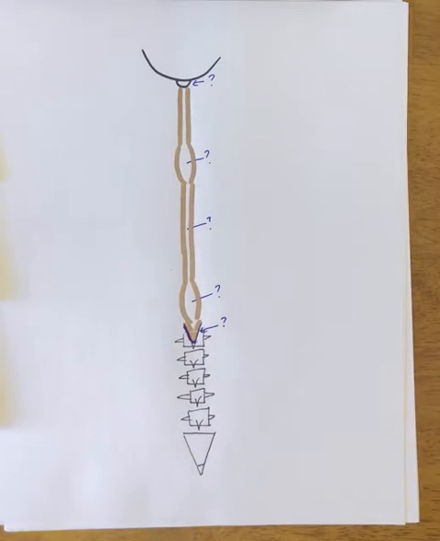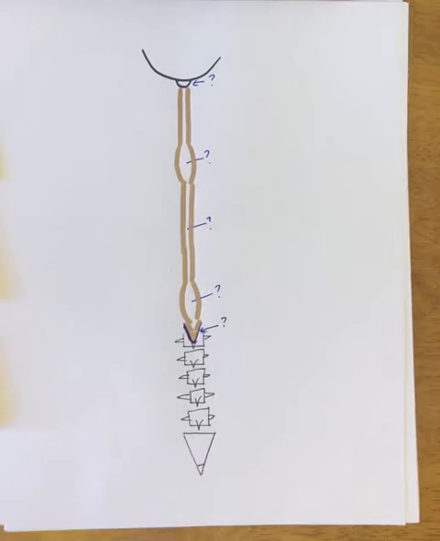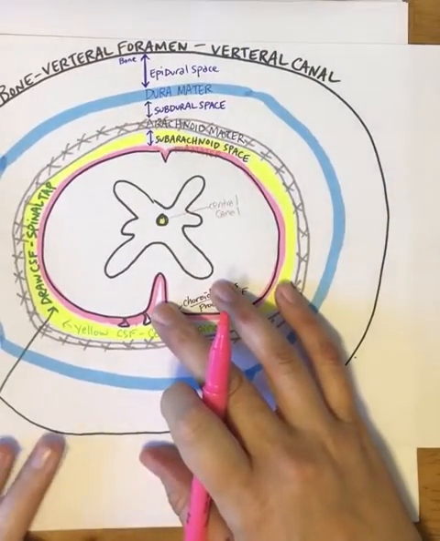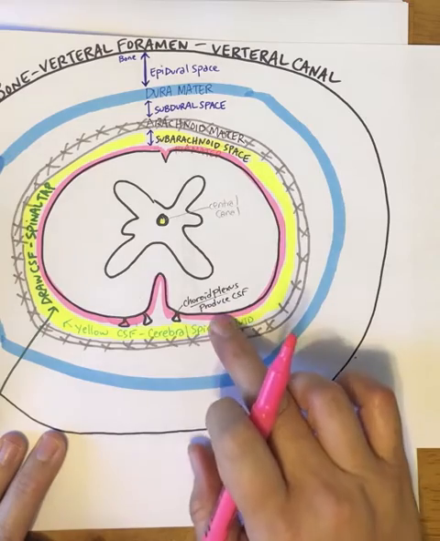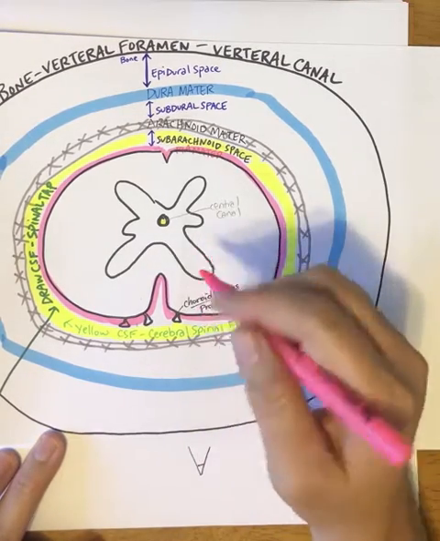Now, when talking about the spinal cord, it needs to be anchored, so it can't roll up the cavity, the central vertebral canal, but it also needs to be anchored side to side. So the first thing that I want to talk about is an extension off your pia mater. So if you are color coding it with this, your pia mater has extensions off of it called the choroid plexus.